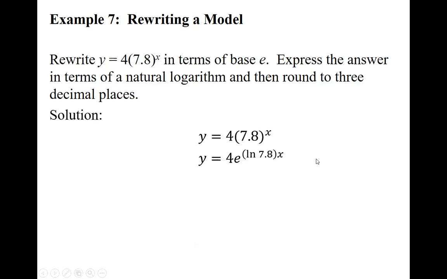We want to express the answer in terms of a natural logarithm. That is what we have done. And now we're going to round to 3 decimal places. The natural log of 7.8 is 2.0541. So 2.054 times x. And that's it for this topic.